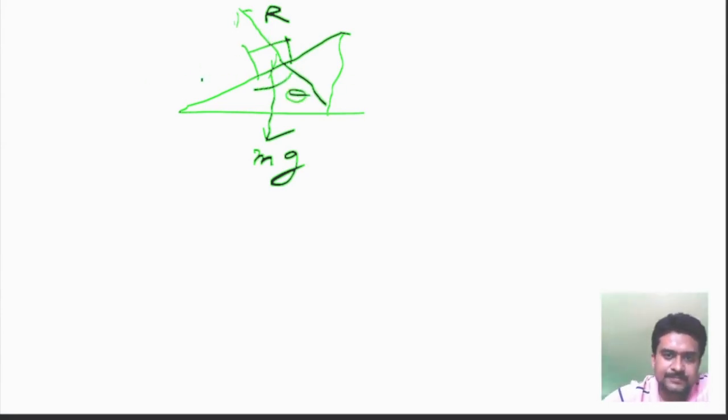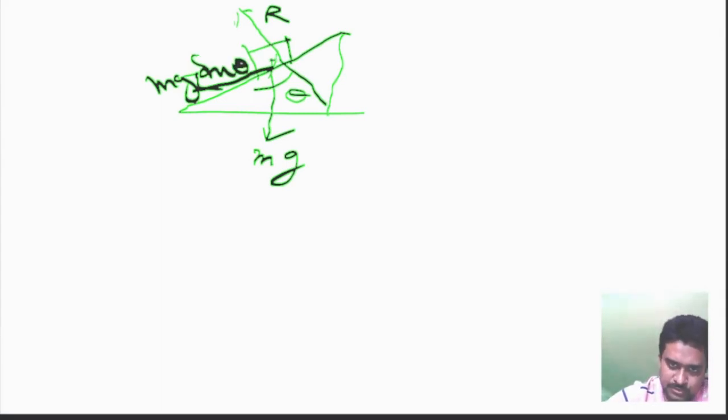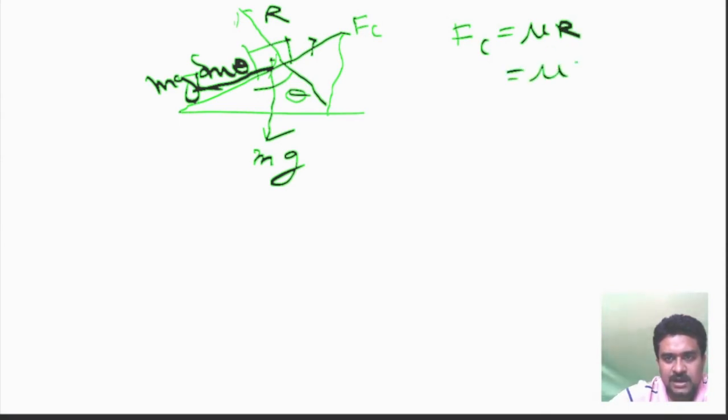This is the component of the weight, mg sin theta, which provides the required force to slide down the inclined plane. Now if you resolve R, and here Fc acts backward, what is Fc? Fc is always mu R. What is R here? R is mg cos theta.